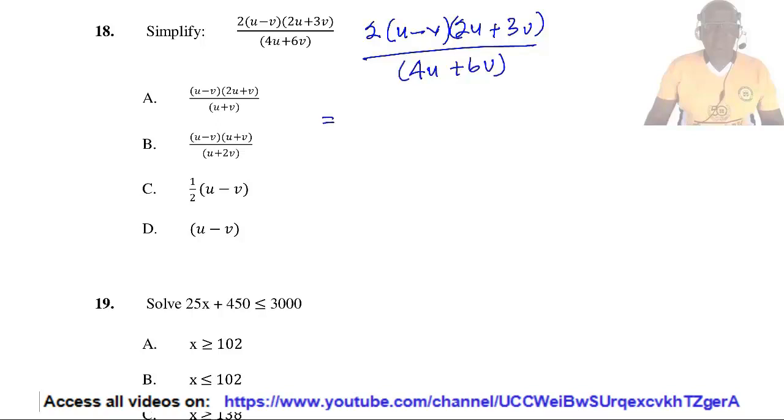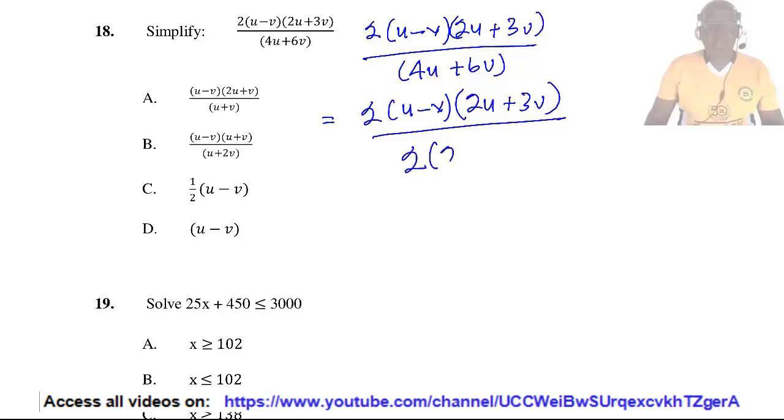This is equivalent to 2U minus V, 2U plus 3V. We shall factorize the denominator. 2 is a common factor, so 2 into brackets 2U plus 3V. 2 will cancel 2. This will cancel this. So we shall be left with U minus V. So the answer is D.